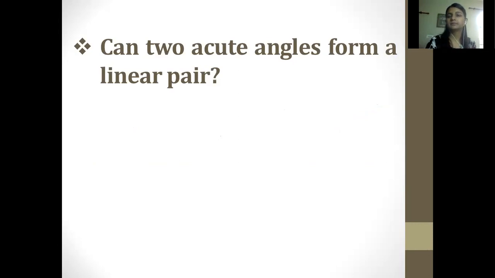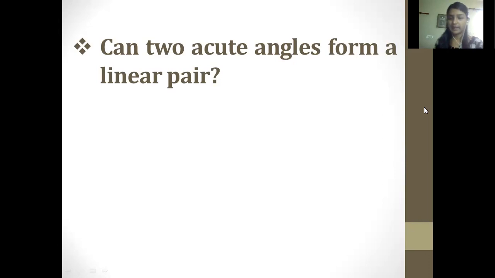So students, can two acute angles form a linear pair? First of all, tell me what are acute angles? You have done in lower classes about acute angles, that are having measure less than 90 degrees, isn't it?